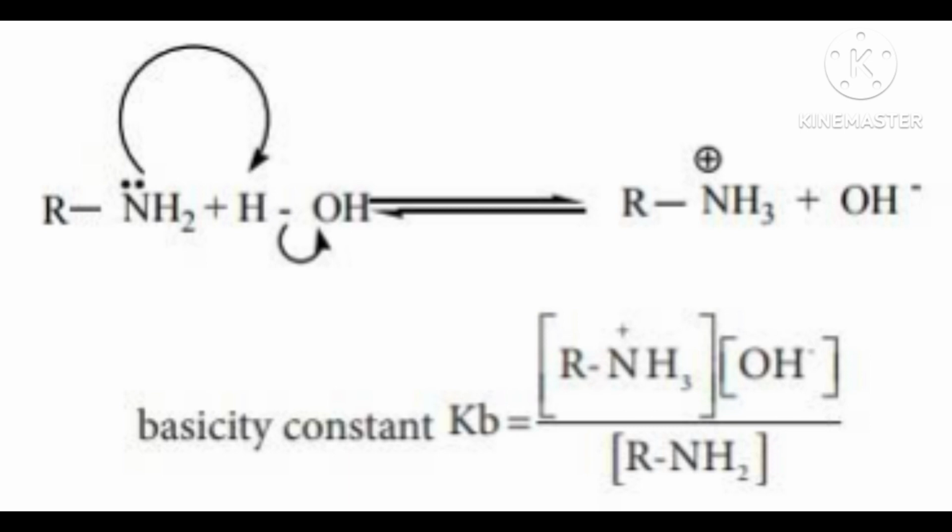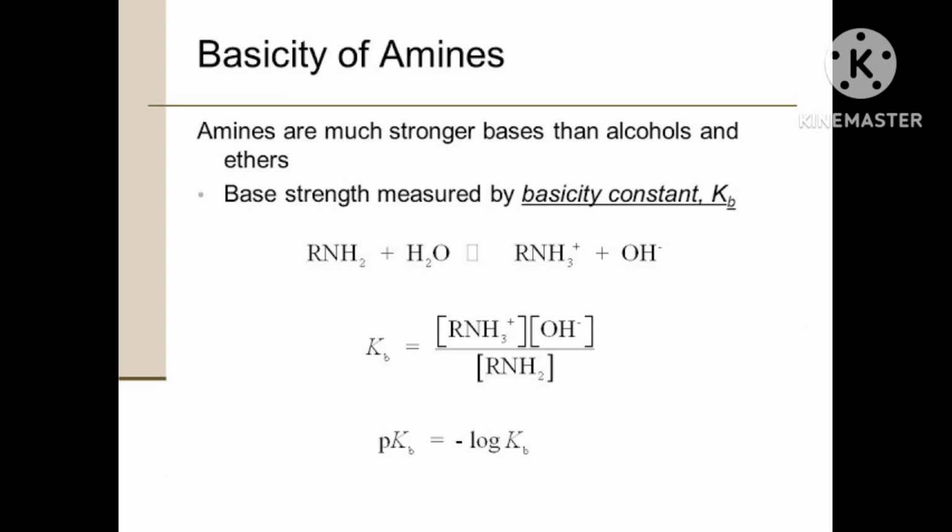Okay, electron density on nitrogen atom will increase. Correct? And after supplying the electron, alkyl group will become positive. That's why it is called plus I effect.